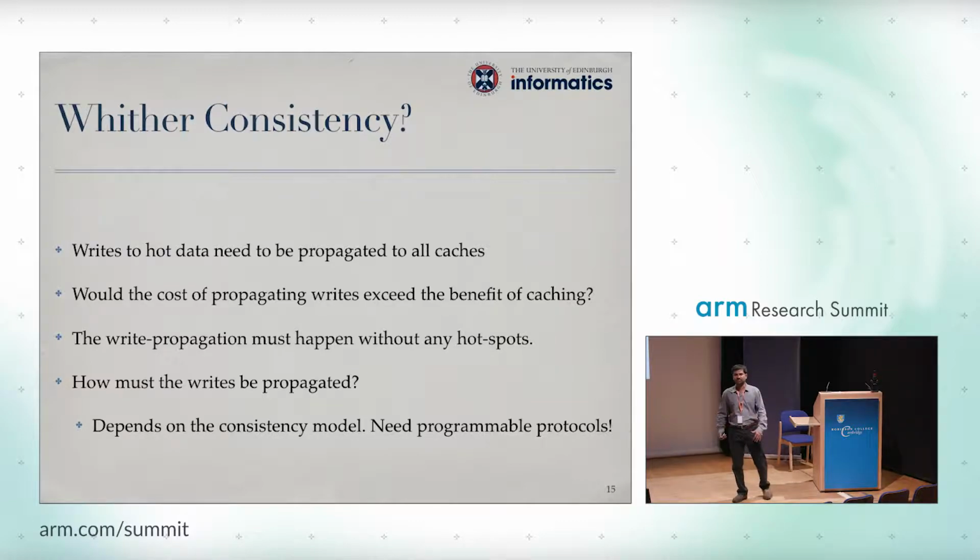Intuitively, one would think that is a function of the write ratio. And luckily, these data sets traditionally have very small write ratios. Facebook, for example, reports something like 0.8% of writes.